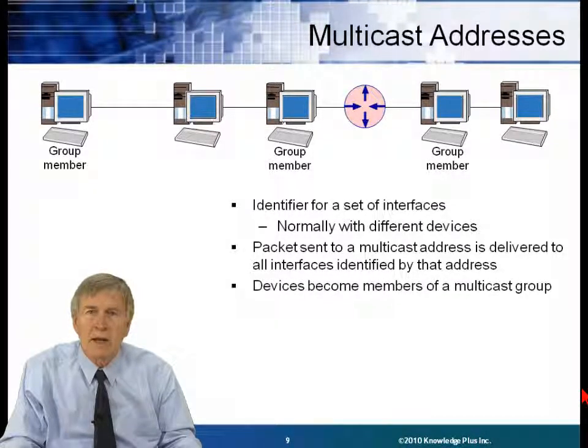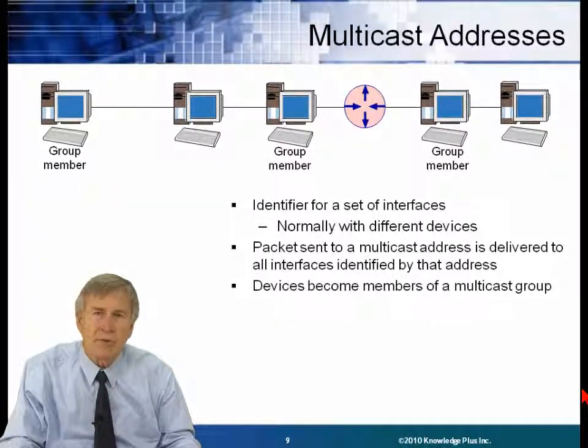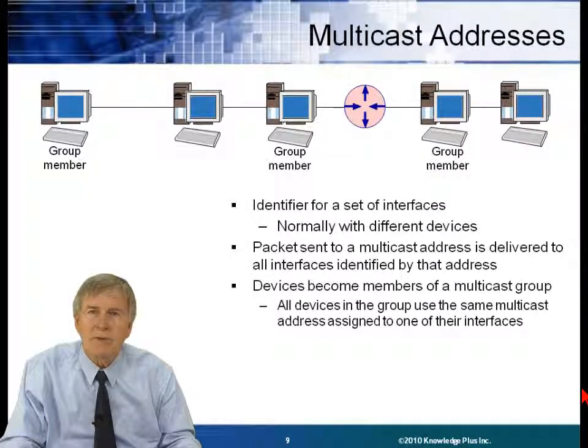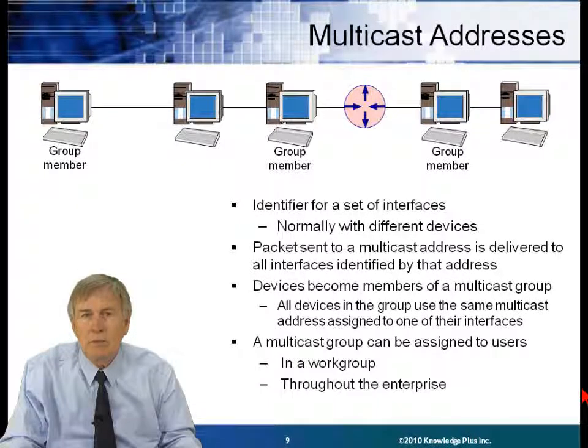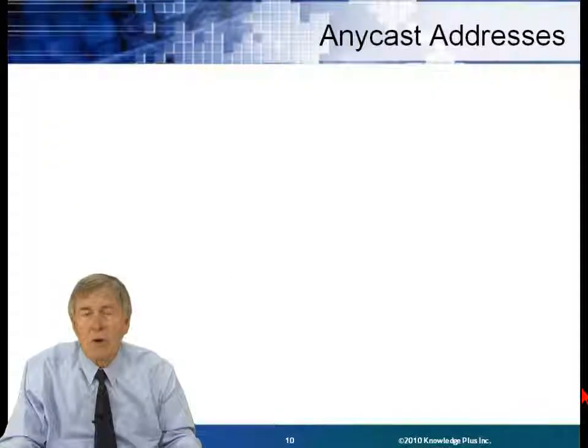So devices, by having the same multicast address, become members of a multicast group. All devices in the group use the same multicast address assigned to one of their interfaces. A multicast group can be assigned to users in a work group, throughout the enterprise, or even globally, I guess.